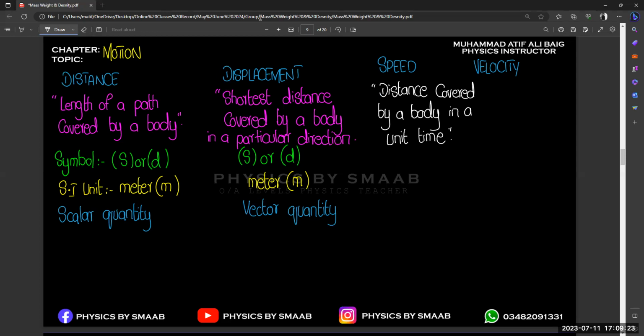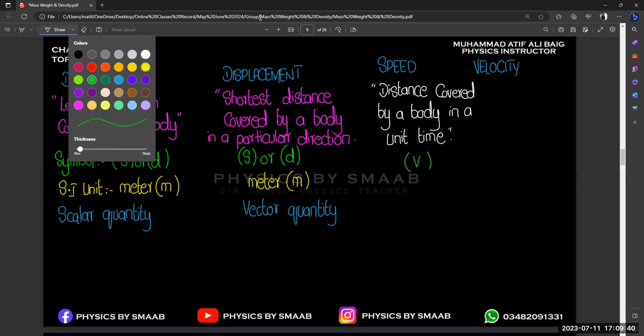It's up to you whether you write a unit time or 1 second. So basically, distance covered by a body in a unit time. And if we want to write the symbol, the symbol for speed is V. V is the symbol, and the SI unit for speed is meter per second.